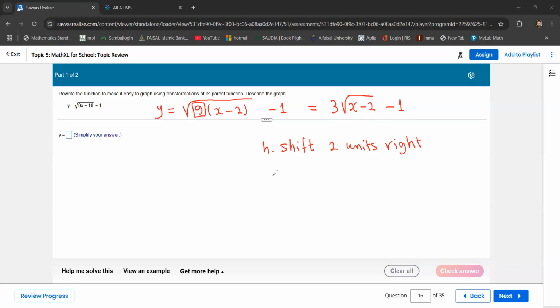And it has a vertical shift 1 unit down, and it has a vertical stretch with factor equals 3.